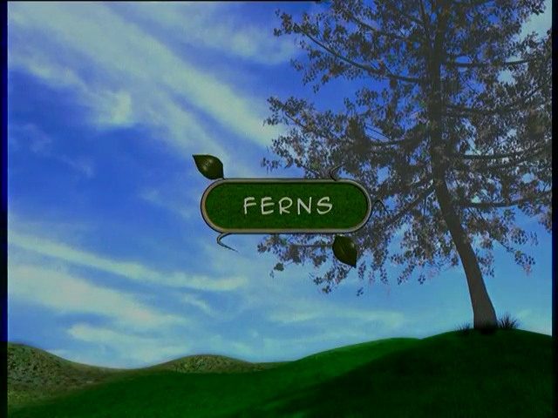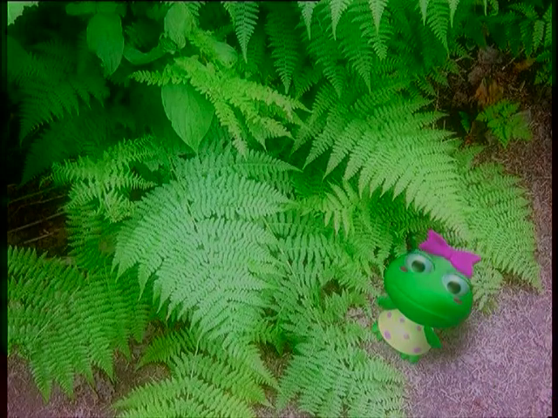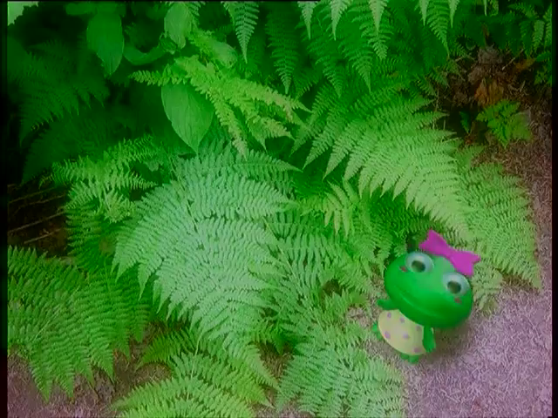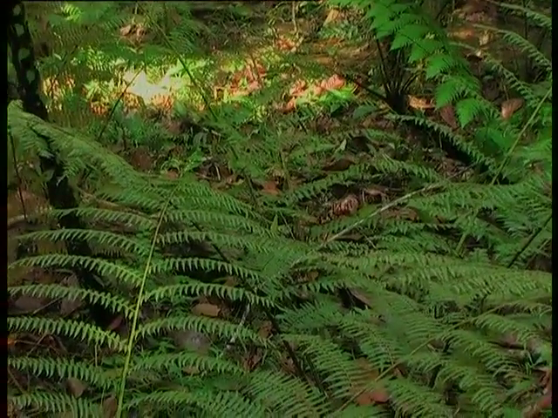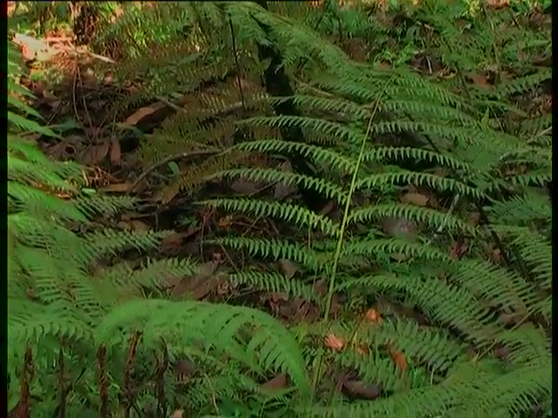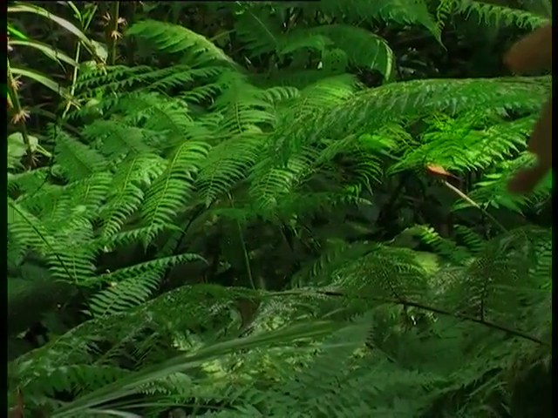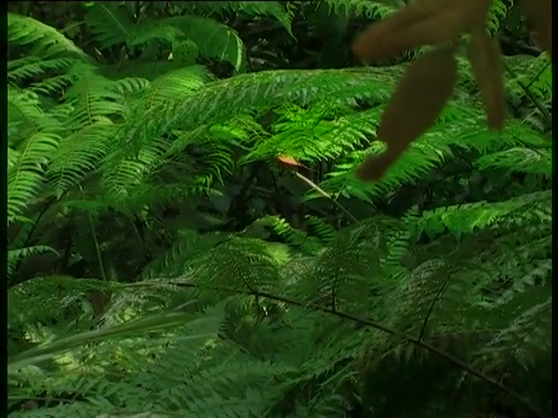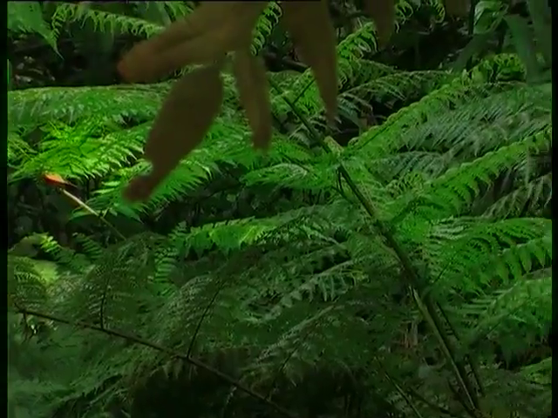Ferns. There are over 10,000 species of ferns found in the world. Most of them are found in the tropics, where tree ferns may grow as high as 40 feet. Ferns prefer to live in environments that have low light and relatively high levels of moisture and humidity.